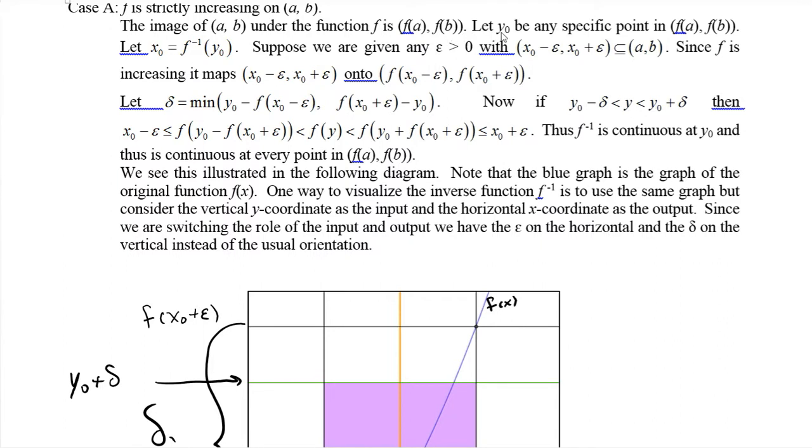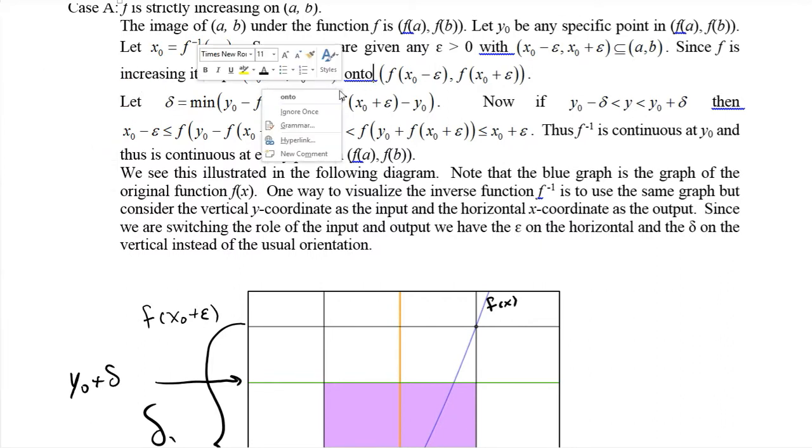So that's the interval there. So we're going to let y0 be any specific point in the interval from f of a to f of b. And we're going to let x sub 0 be the image of f inverse of y0.